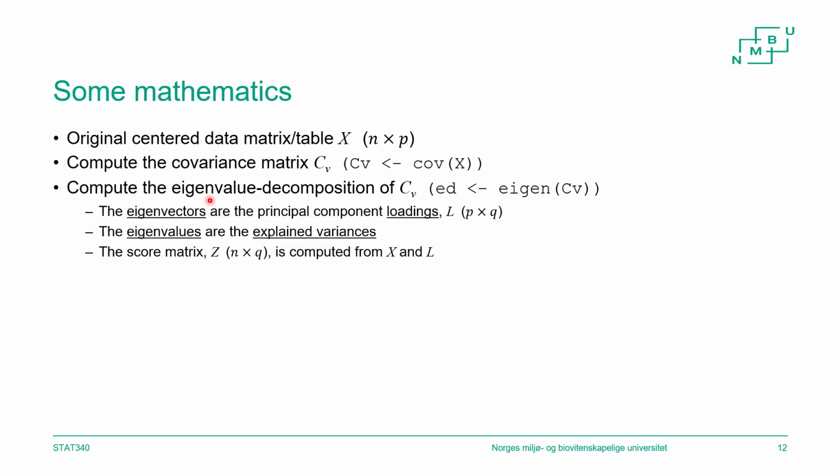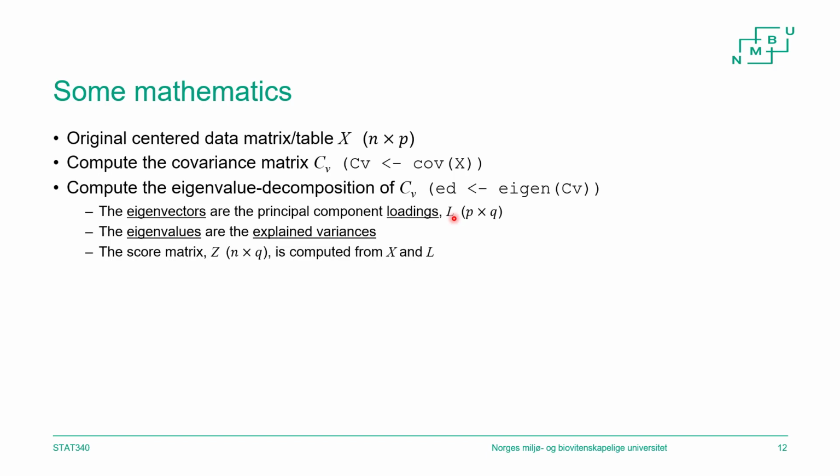And then we compute the eigenvalue decomposition of this covariance matrix. And this you can do in R, this is our code in the parentheses here. So the eigenvalue decomposition, I'm not going to explain what it is, so if you don't know, just skip this. The eigenvectors are the principal component loadings.